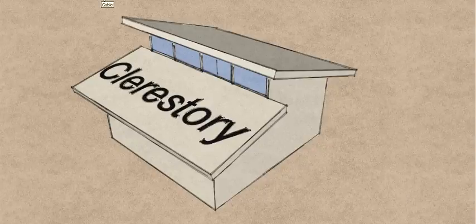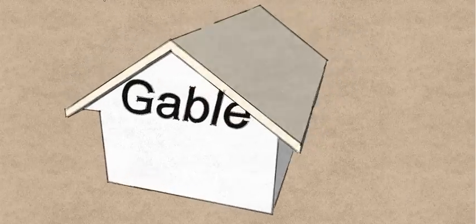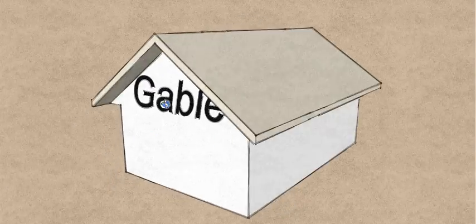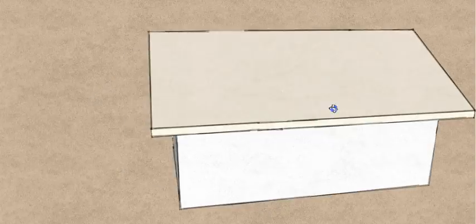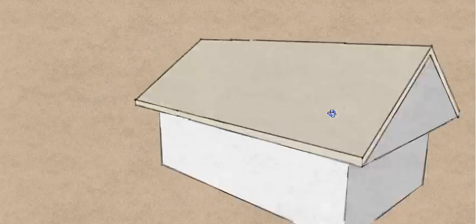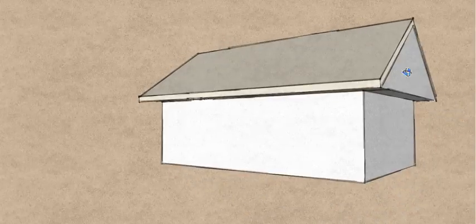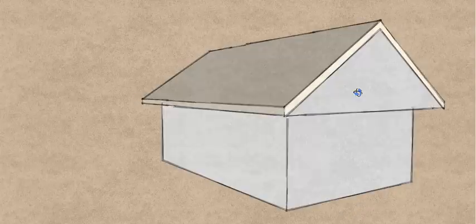So then we go away from our flat type roofs into our pitched roofs, and the first one being a gable. So this is a flush gable, because the gable's flush with the outside of the wall. Alright, so the gable is the flat triangular end on the building. And then we also can have a box gable, where the gable sticks out and sits out with the end of the roof.